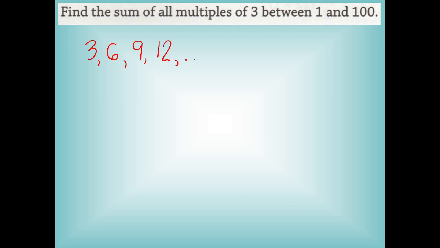I will again use the ellipsis, the three dots, meaning so on and so forth. But I'm going to end at which number? 99. Good, because 99 is the multiple of 3 just before 100. So I will end with 99.